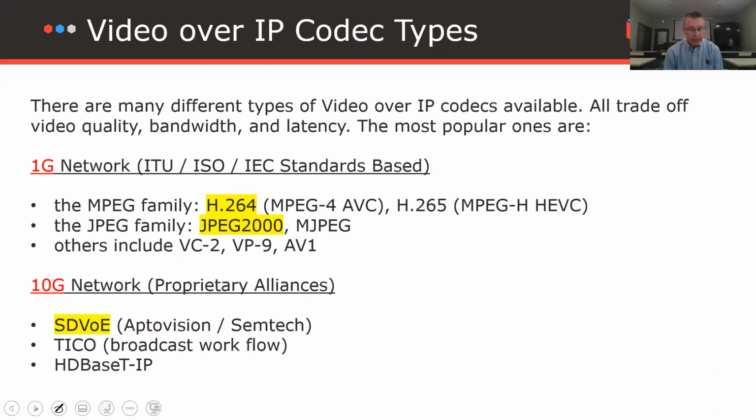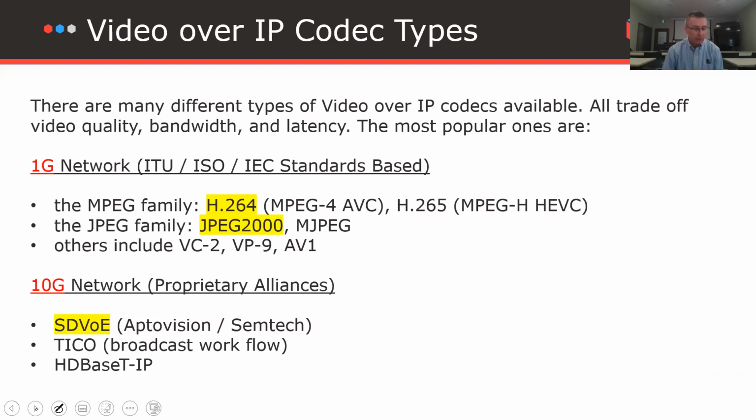So within MPEG, H.264 is the most popular codec in the world by far. Anything that lives in that family, H.264, H.265, there's a bunch of other ones as well. We need something from that category, and we'll explain why in a minute. We need something from the JPEG 2000 family or a variant of, because that's great for the Pro AV applications.